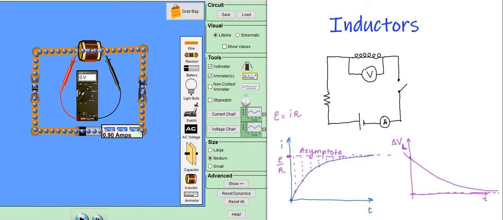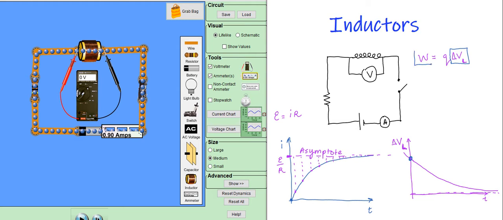Now, what does that actually mean, to have a voltage drop? Well, if you think of the amount of work being done on charges that are moving through the circuit, what you're essentially saying is that initially the amount of voltage potential difference on either side of the inductor was some maximum value.